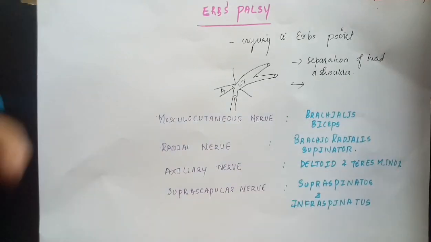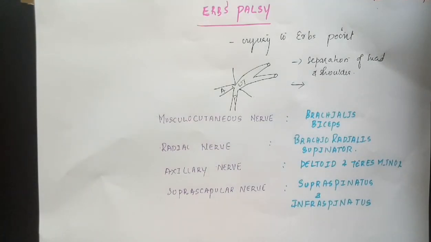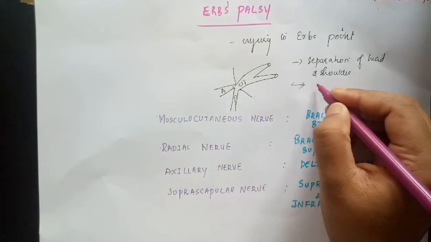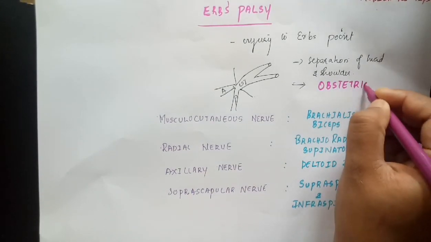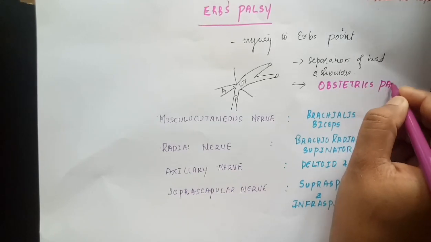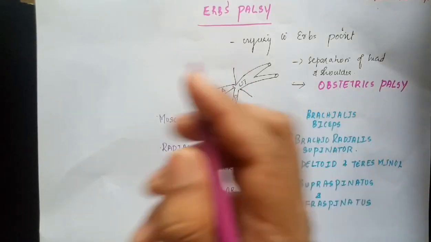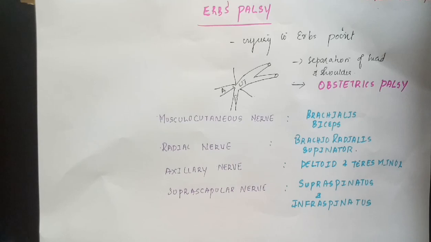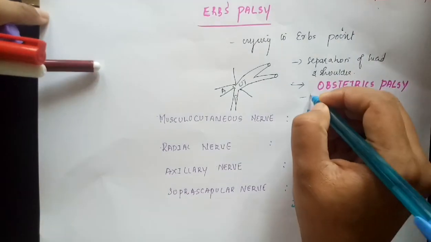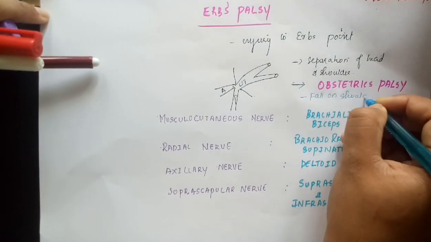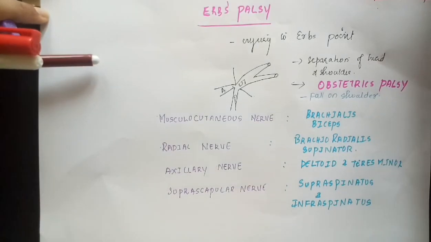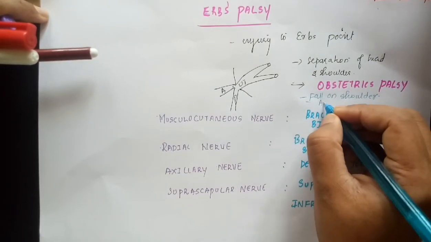So it is also called obstetric palsy. It can also occur due to a fall on the shoulder, and during anesthesia also.